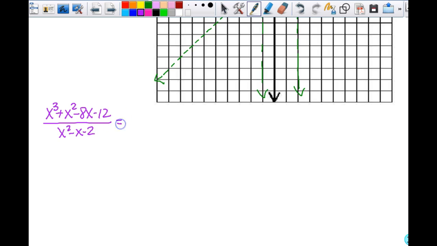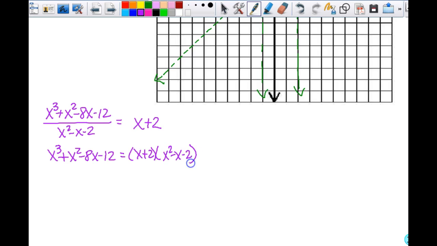And I set that equal to the expression for the asymptote, which is x plus 2. And then I have to see when they'll intersect. So I have to solve this, basically. So I'm going to multiply both sides by this denominator. So I'll get x cubed plus x squared minus 8x minus 12 equals x plus 2 times x squared minus x minus 2.